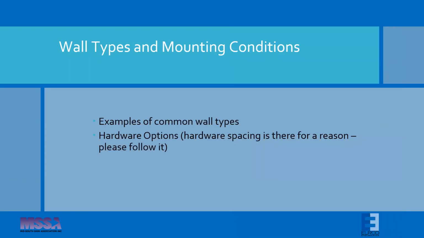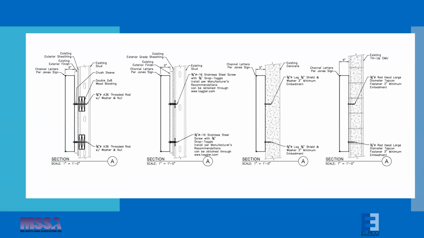Want to talk about some of the different wall types and mounting conditions and give you some examples of things that we see and approaches that we like to take with some of our drawings. This is a detail from a national sign program project that we have with a client. They wanted us to pre-engineer multiple attachment methods because they didn't necessarily know when they arrived at a site what type of building walls there might be.